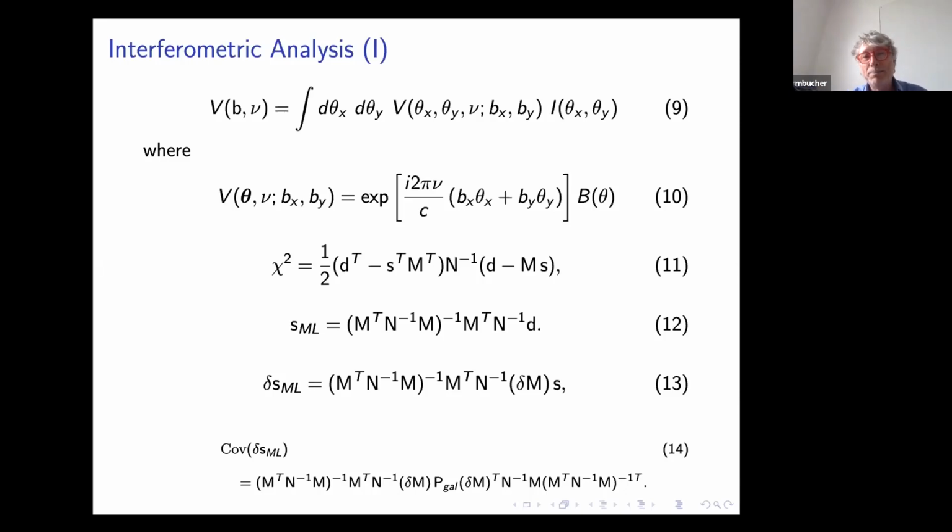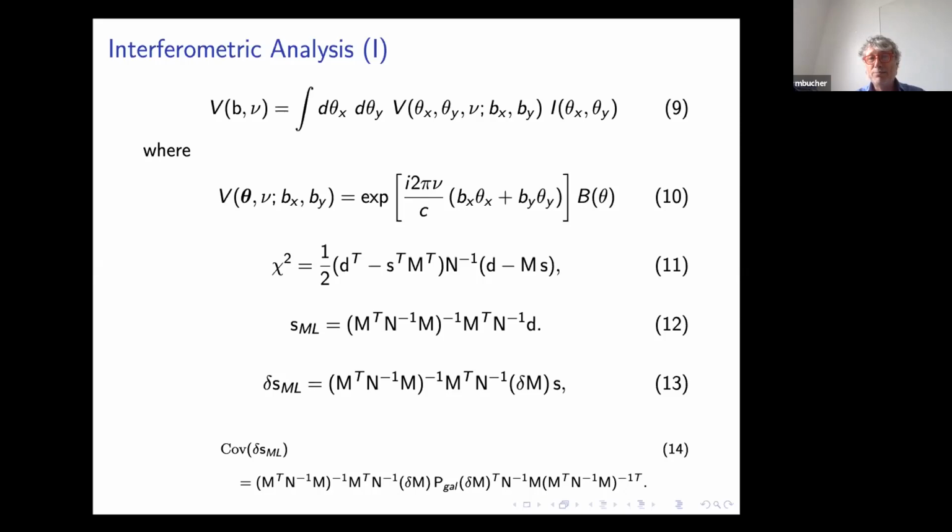We would, in a treatment with polarization, there would be Stokes indices. So there would be 4 components to B, but here we're assuming that the sky signal is unpolarized, so we can just have a scalar beam function.